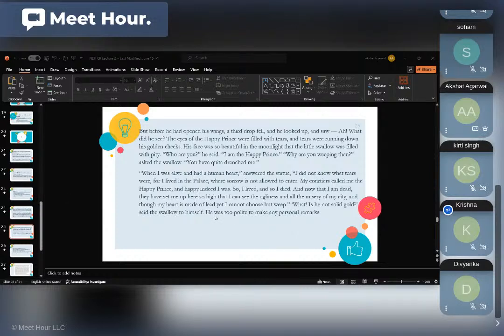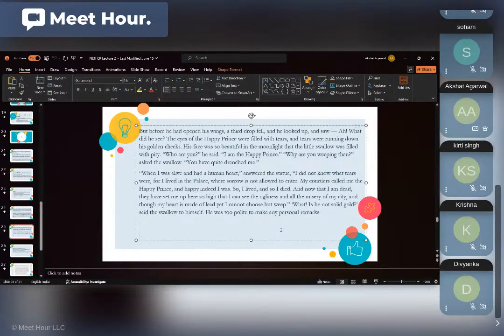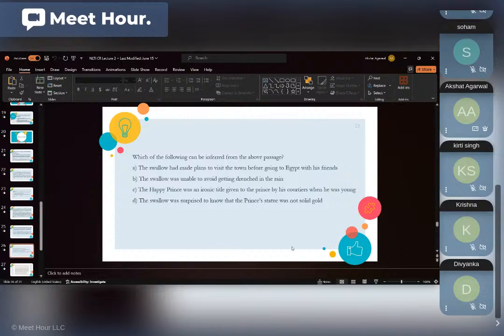Okay, so I'll show you the questions now. Which of the following can be inferred from the above passage?